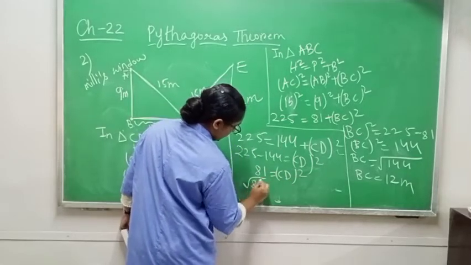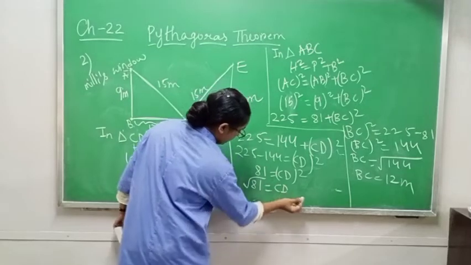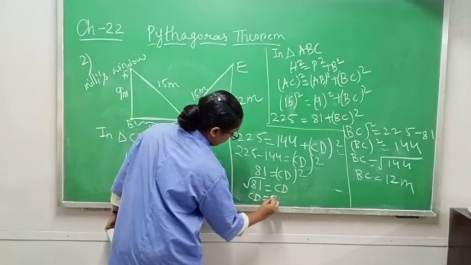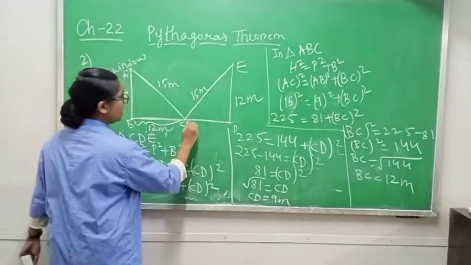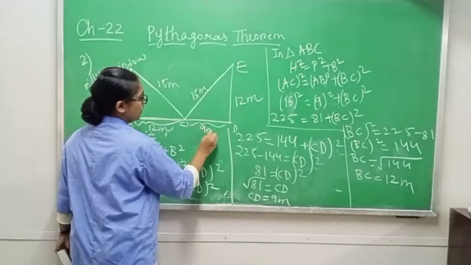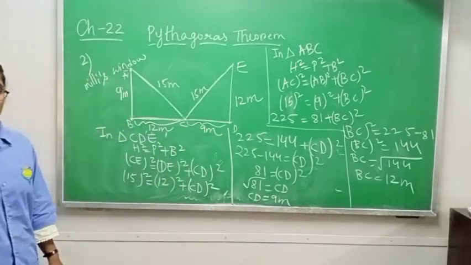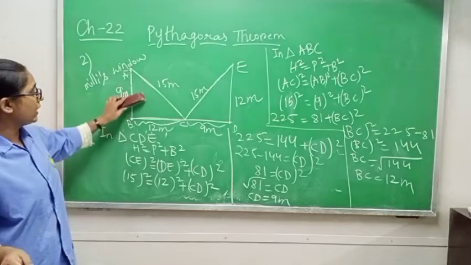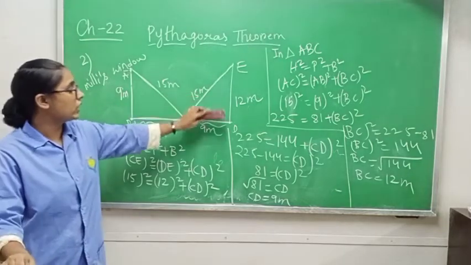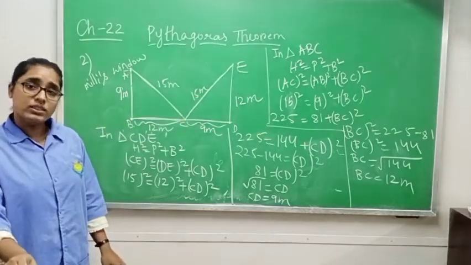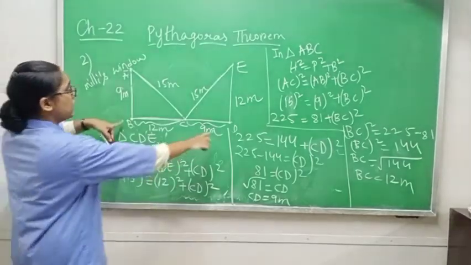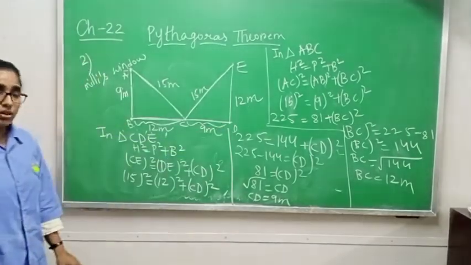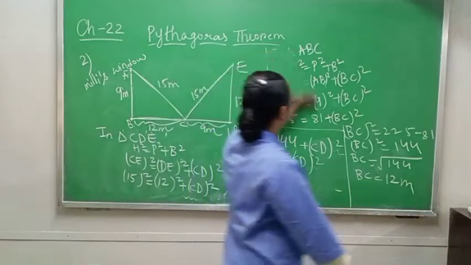Root over 81 will give you 9, means this one will be 9 meter. Okay, understood up to here? So using this triangle I am finding BC, using this triangle I am finding CD. Now we know that BD is the breadth of the road. I am writing this question.